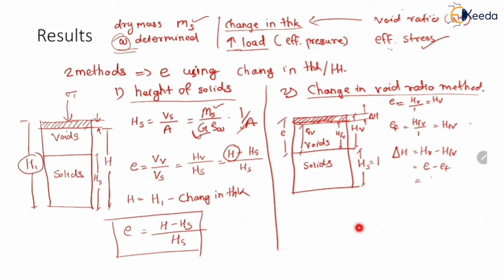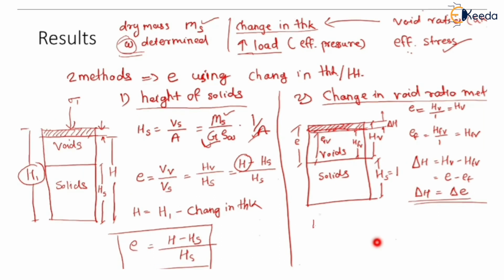It is also written as delta e. Hence delta H becomes equal to delta e. So we can write delta H upon HF, this is the final height of the soil, HF, equal to delta e upon 1 plus ef.